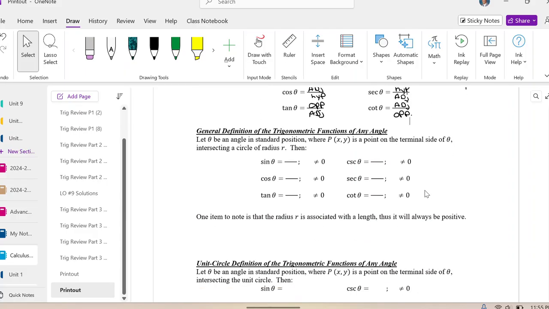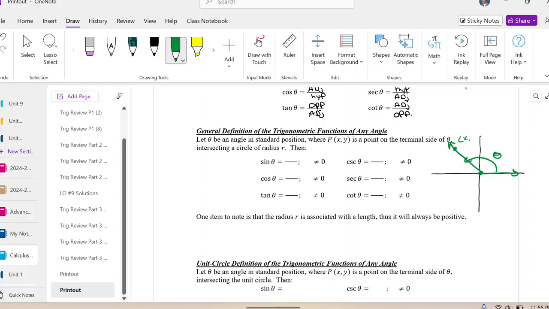If it's a general definition, meaning the angle is more than 90 degrees, so let's say you went into the second quadrant, right? Now theta is in the second quadrant. Let's say you knew a point on the terminal side, the x and y. The distance between the origin and the point we'll call the radius.